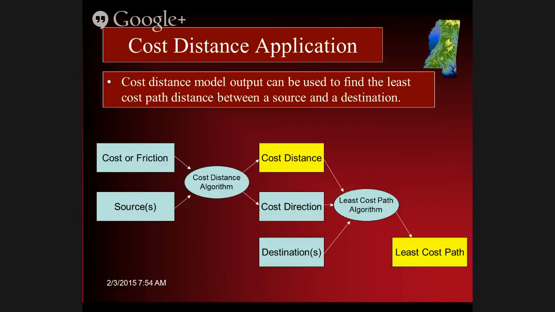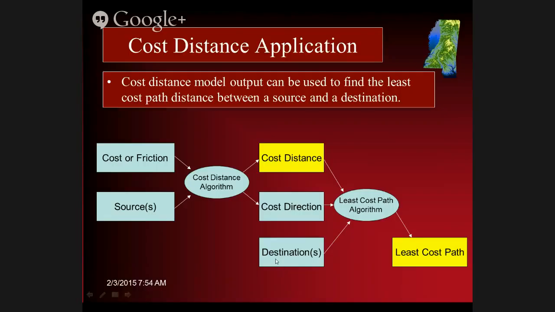And so you might be considering multiple locations, and so you could find out the least cost path. And then you could find out the total cost to each of those destinations. In fact, all that would be, so let's say we had a destination and it was a point.